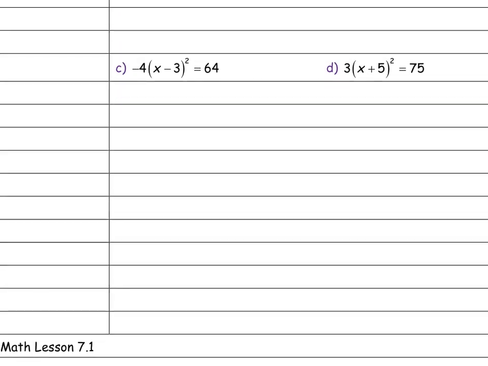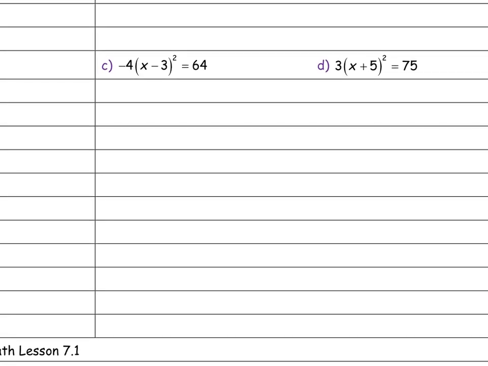So number C, I'm going to divide by negative 4. So I've got x minus 3 squared equals negative, I think it's negative 16, by the way.